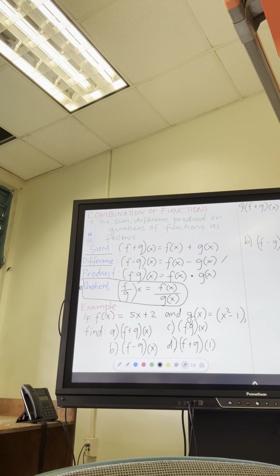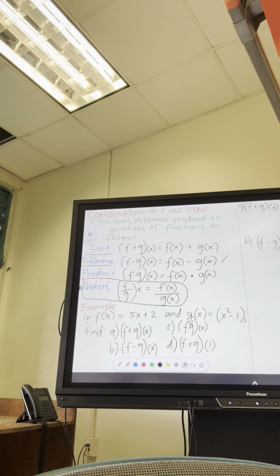And your g of x is x squared minus 1. Alright? Now, according to the rules of subtraction of integers, you need to change the sign of the subtrahend. The minuend will stay as is, so you just copy this one. We have 5x plus 2. Now, we need to change this operation from subtraction to addition.